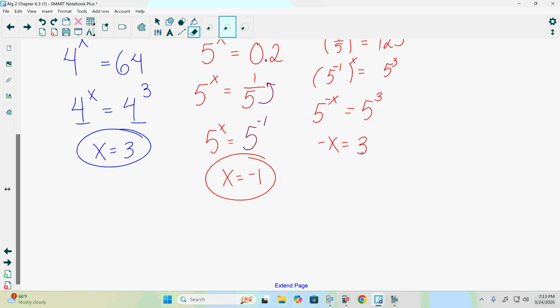If the bases are the same, the exponents have to be the same as well. So we're saying negative x equals 3. Or really, x is equal to negative 3. Questions on this here?